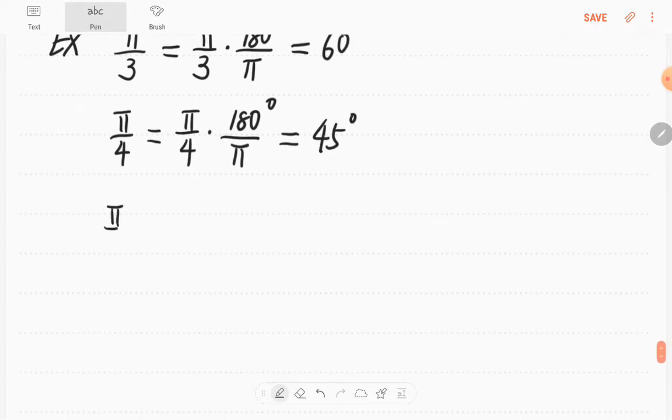Pi over 6 radians: each radian equals 180 over pi degrees. So this one is 30 degrees. Okay.